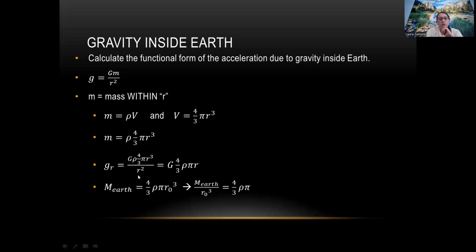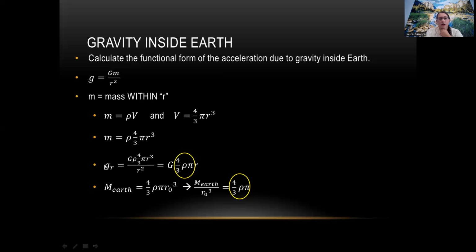So this portion is just the total mass of the Earth and the entire radius of the Earth, just so we have something to compare to. The mass of the Earth considers the entire radius of the Earth. And we saw that we had those common terms in those equations.